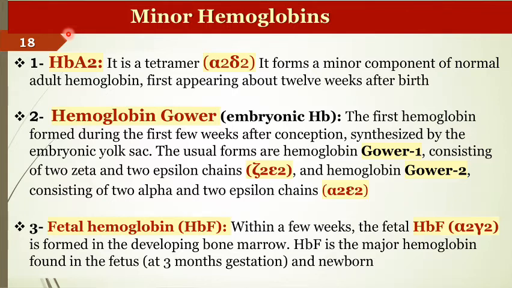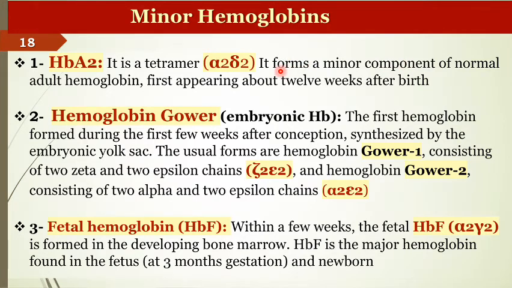We don't have A1. But we have another type of hemoglobin called A2. Hemoglobin A is formed of 2 alpha chains, 2 beta chains. Please revise the previous lecture. But hemoglobin A2 is formed of 2 alpha chains, 2 delta chains.